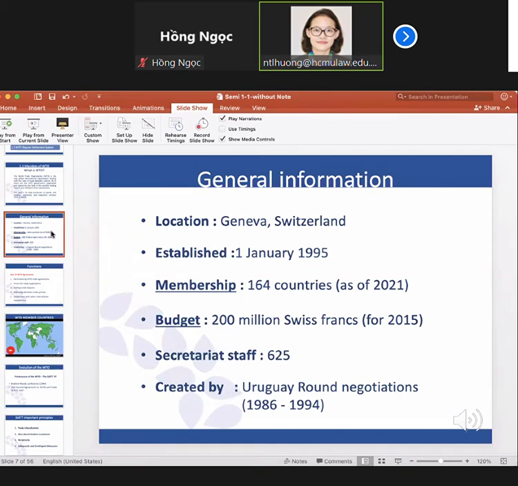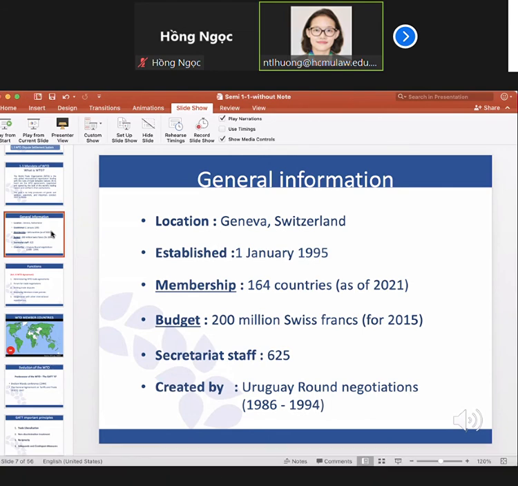The organization has been established, as I have mentioned before, since January 1st, 1995. And until 2021, this year, the organization has 164 members, and they also have a budget, which is contributed by the members for running the system.